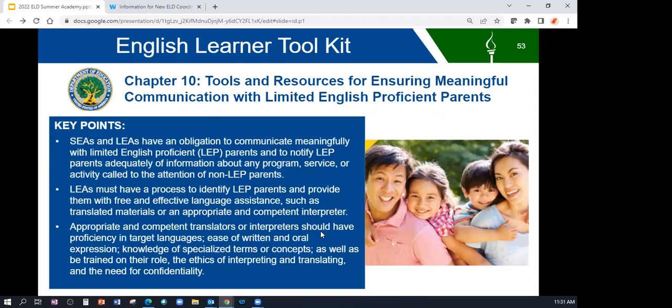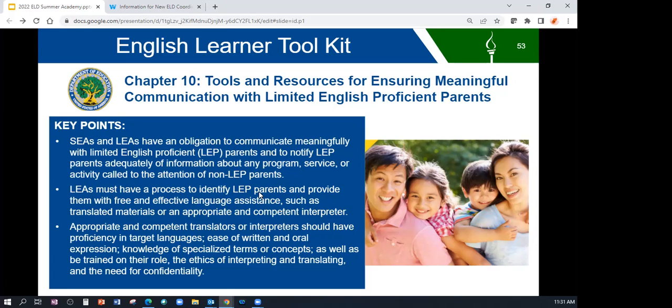That brings us to chapter 10. And it's talking about communication with parents. Both the state and local agencies have obligation to communicate with parents in a language that they can understand. And they have to have a process to identify your parents that don't speak English that need an interpreter.